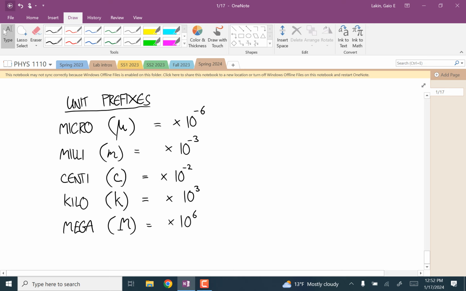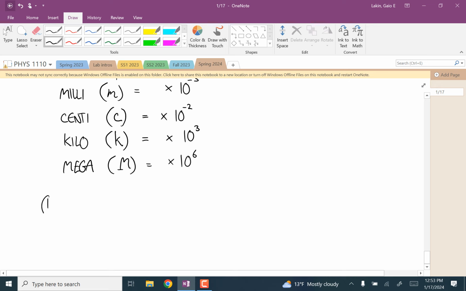Okay, well, there's two things you have to be able to do. You have to be able to go from something with a prefix to something without. And then you have to be able to go from something without a prefix to something with a prefix. So the easiest one is going with a prefix to no prefix.